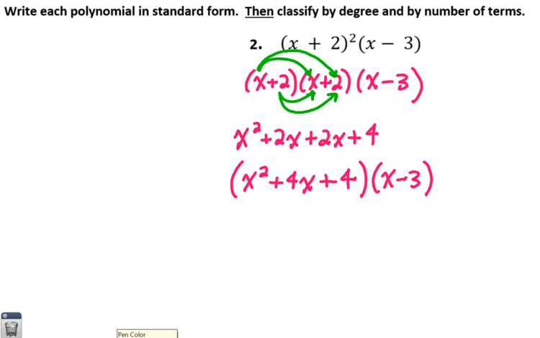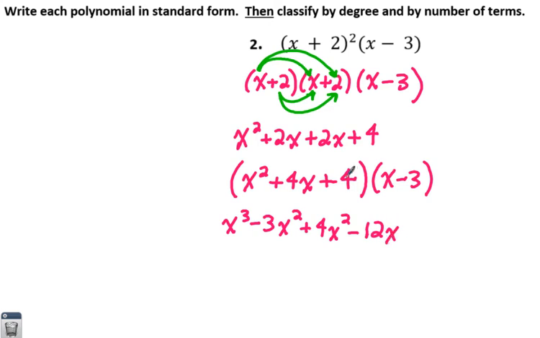So that'll get me x cubed, because x squared times x is x cubed. X squared times negative 3 is negative 3x squared. Now 4x times x is 4x squared, and 4x times negative 3 is negative 12x.